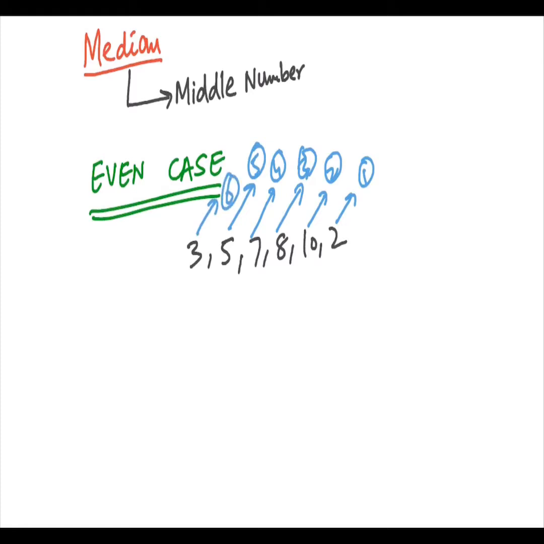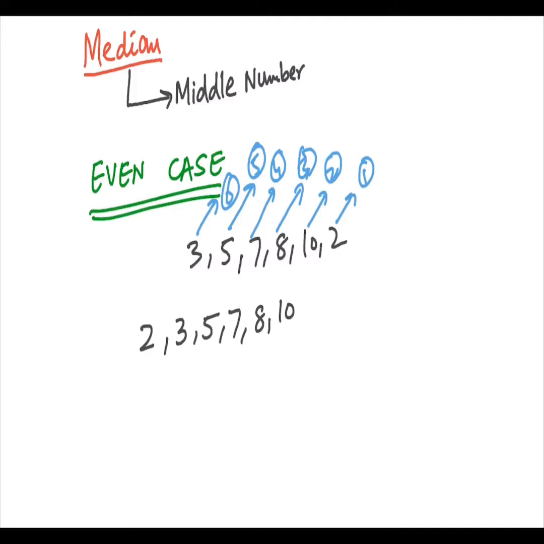So it means we have an even number of quantities. So if we have an even number of quantities, how can we find the median? The first job is to write the set of numbers in ascending order. So 2 comes first, then 3, then 5, then 7, then 8, then 10.